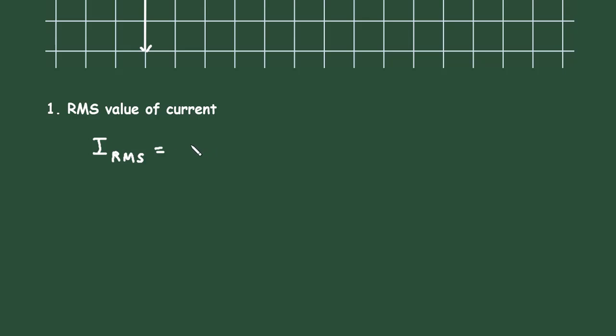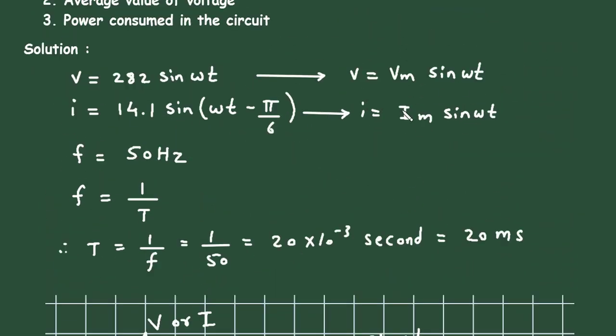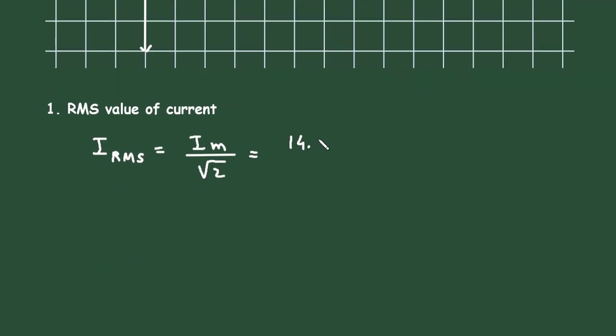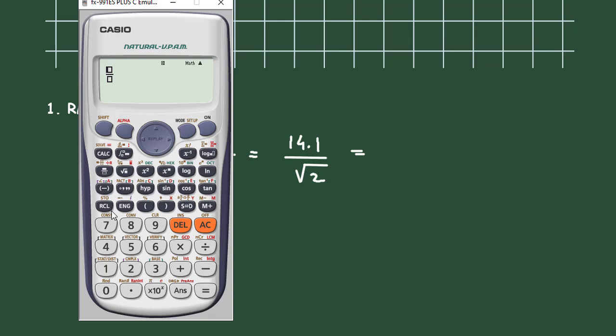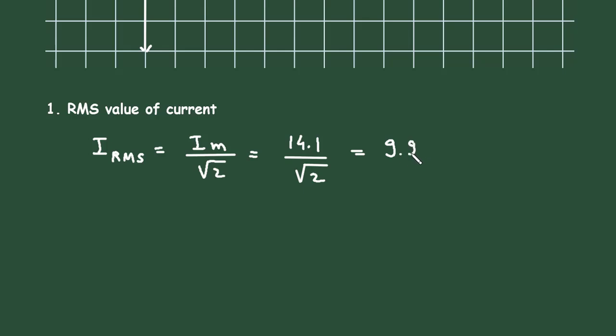So Irms is equal to Im divided by root 2. The value of Im is 14.1, so 14.1 divided by root 2 is 9.97 ampere. This is the value of Irms.